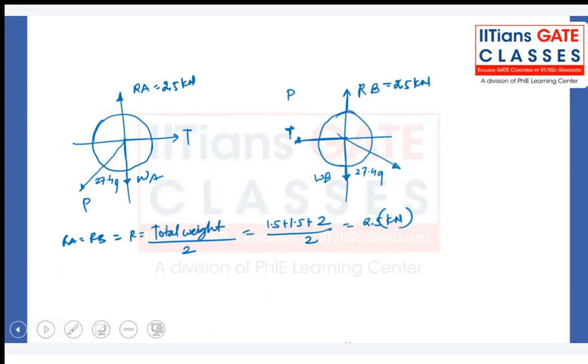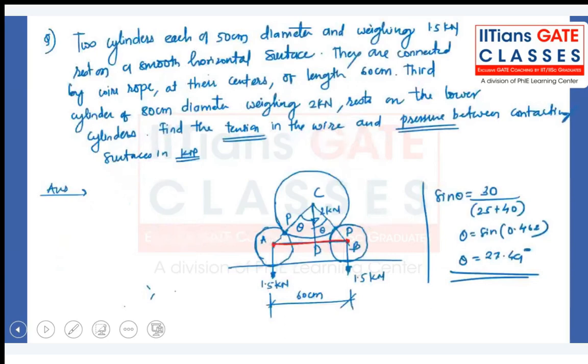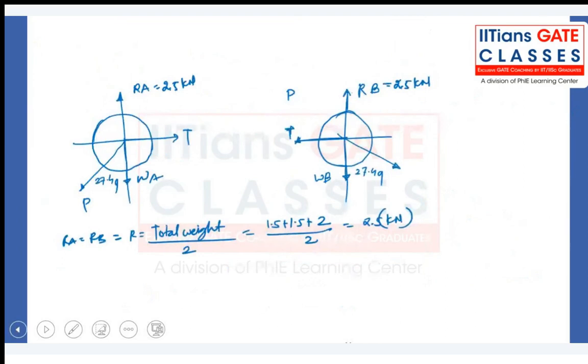See, 2 kilonewton is the weight of the bigger block, right? And 1.5 and 1.5 kilonewton is the weight of these two blocks. So total, how much weight are we applying on the ground? 1.5 plus 1.5 is 3, plus 2, that is total 5 kilonewton downward. And how many reactions do we have?